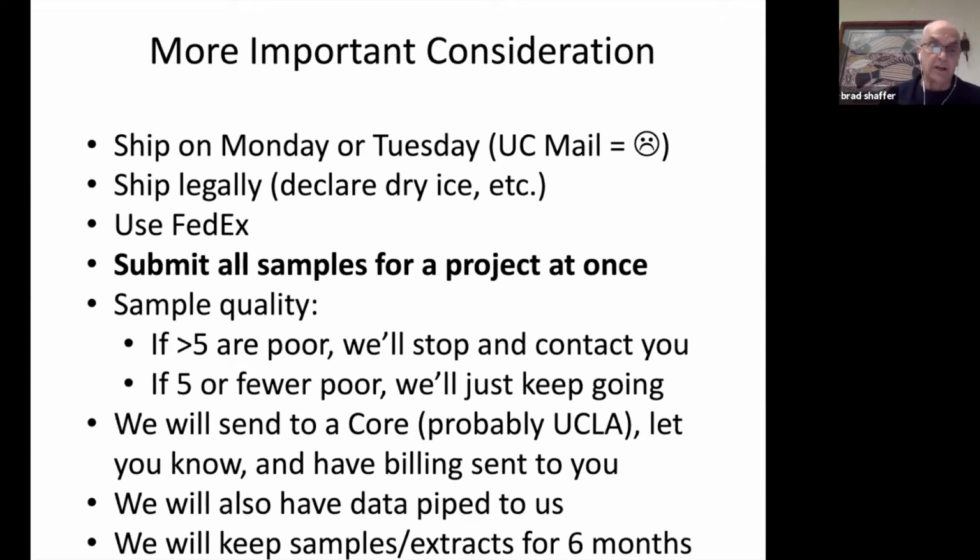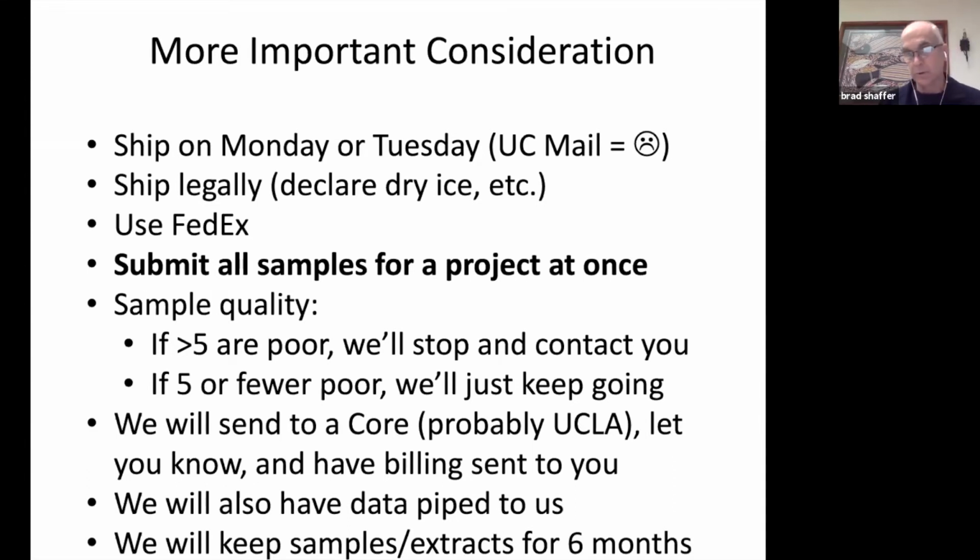Submit all of your samples for a project at once. This is a really big one. Our goal is, if you're going to do 150 or 147 or 122 samples, whatever it is, accumulate them, get them all together, send them to us. That way we can process them all at once.